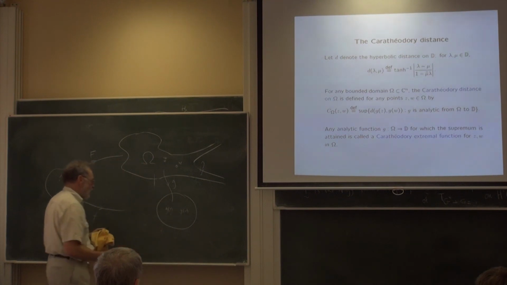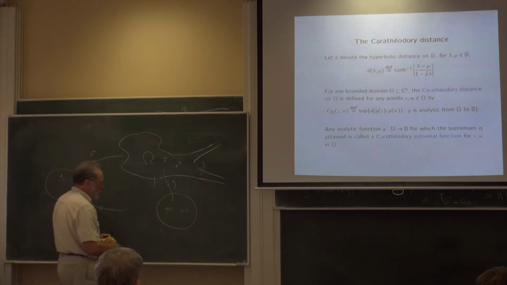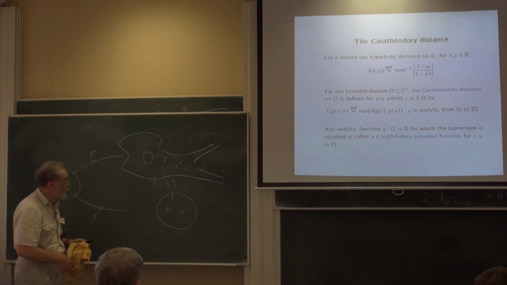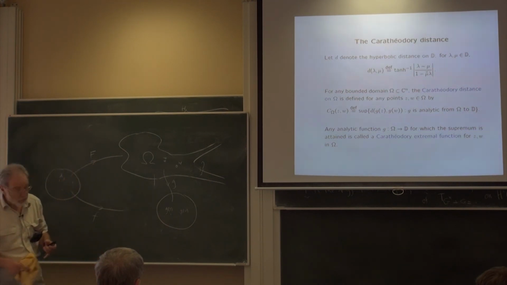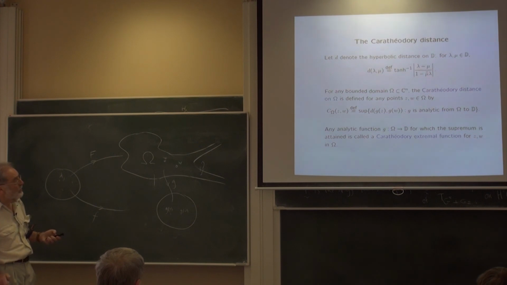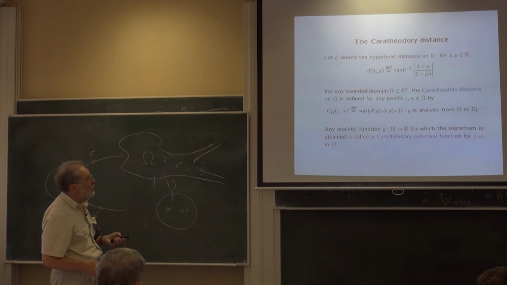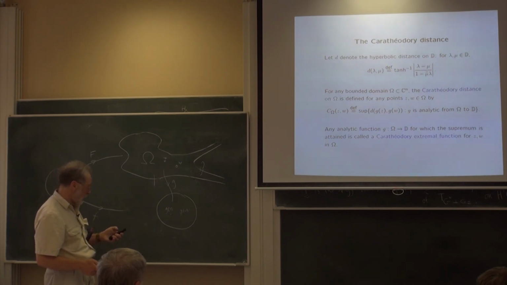And you look at the hyperbolic distance from G of Z to G of W, and then you take the sup over all G's. And that's called the Carathéodory distance. And an analytic function for which the supremum is attained is a Carathéodory extremal function.